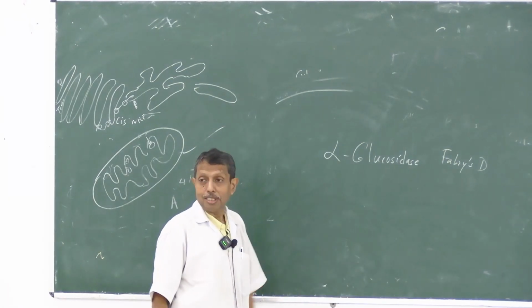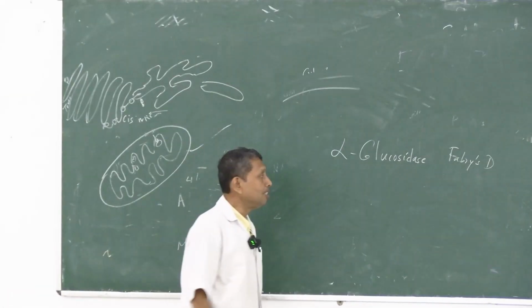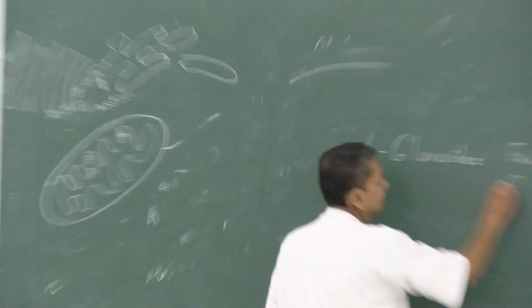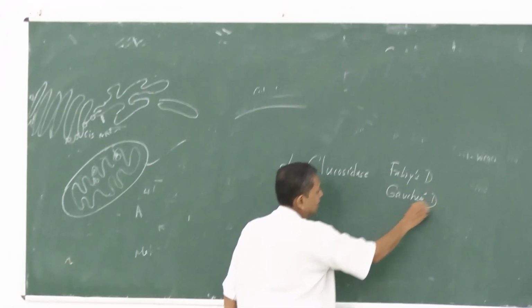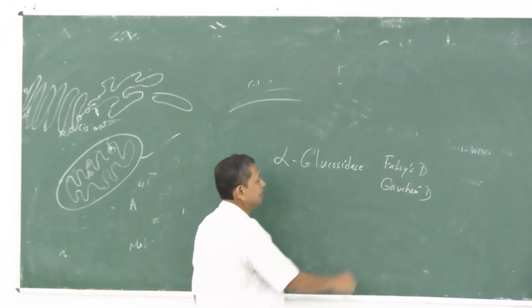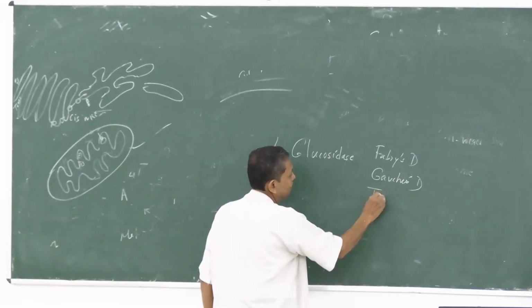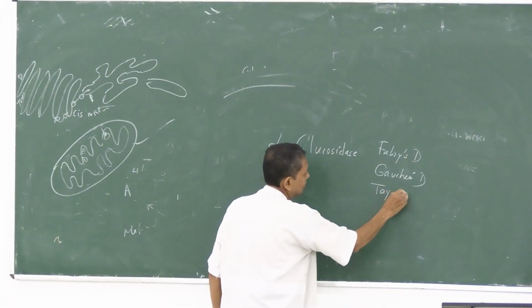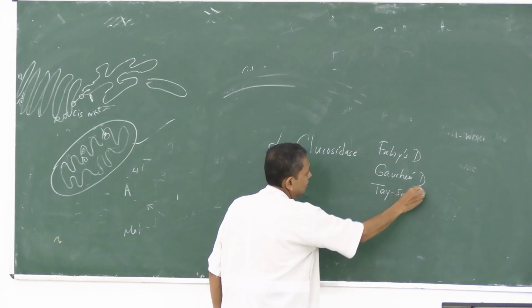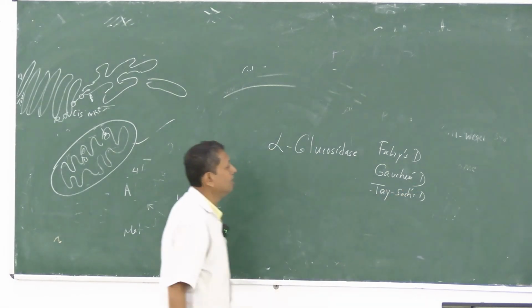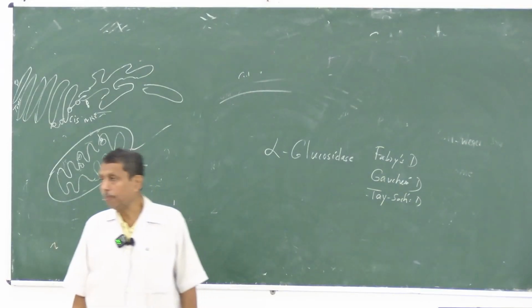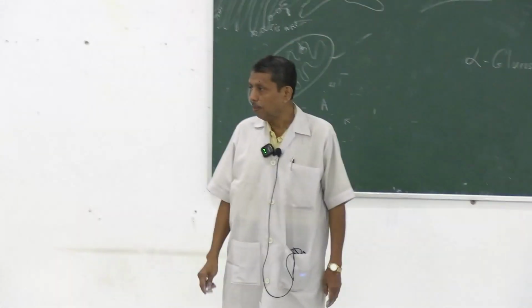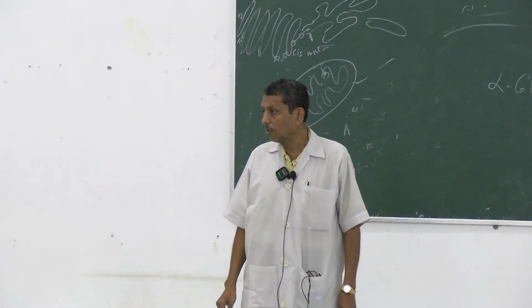Similarly, there is Gaucher's disease and Tay-Sachs disease. They may cause different defects including blindness and mental retardation.